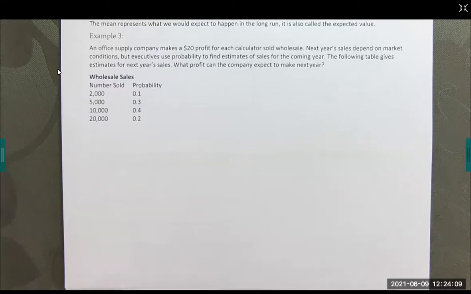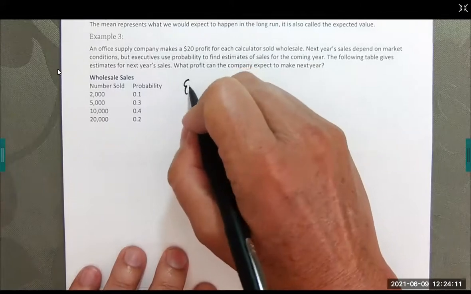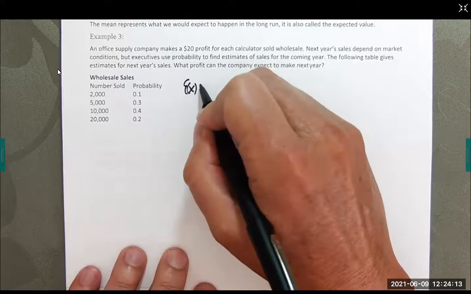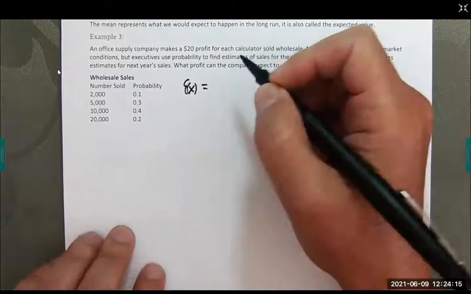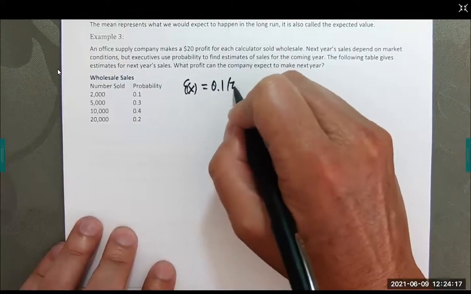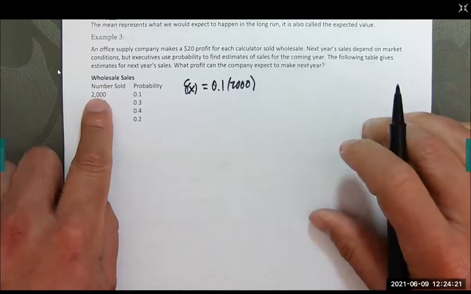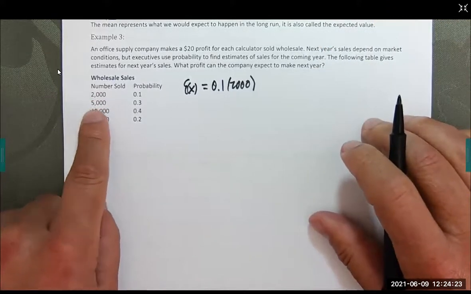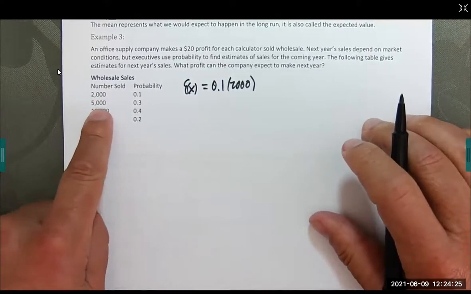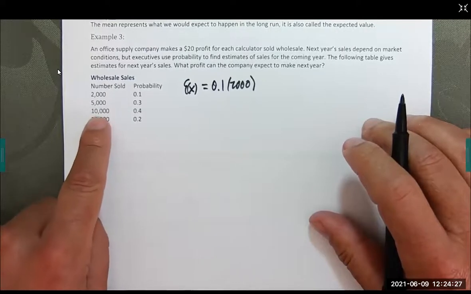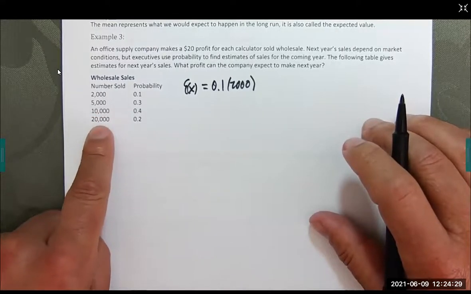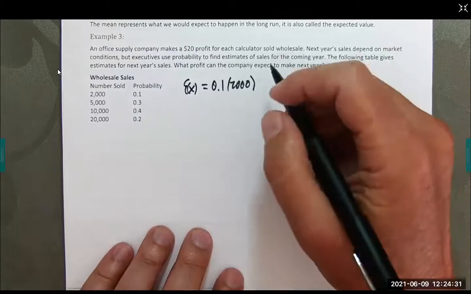So let's find the expected value. The expected value is going to be 0.1 times 2,000, meaning about 10% of the time they only sell 2,000, 30% of the time they sell 5,000 calculators, 40% of the time they sell 10,000 calculators, and 20% of the time they sell 20,000 calculators.